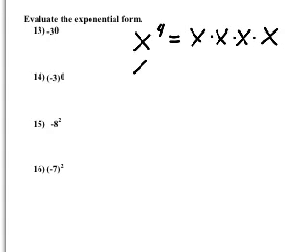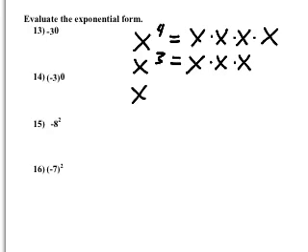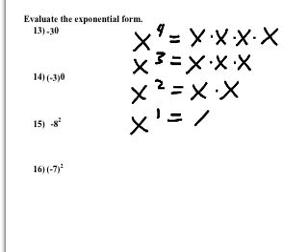If we go down, x to the 3rd power, x to the 2nd power, x to the 1st power. Notice we reduce it by one x. Basically, it's divided by x. If you divide x to the 4th power by x, you get x cubed. If you divide x to the 3rd power by x, you get x times x.